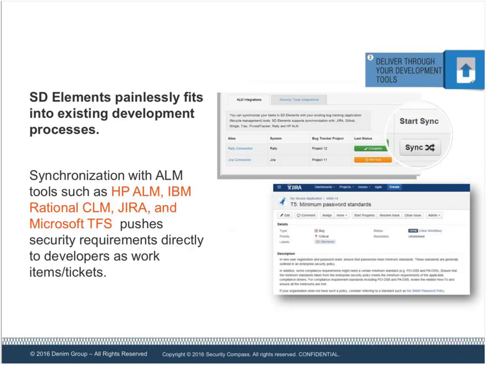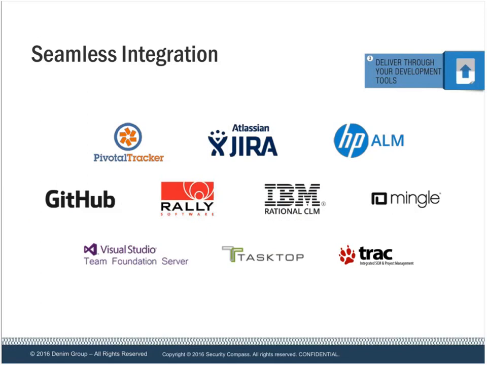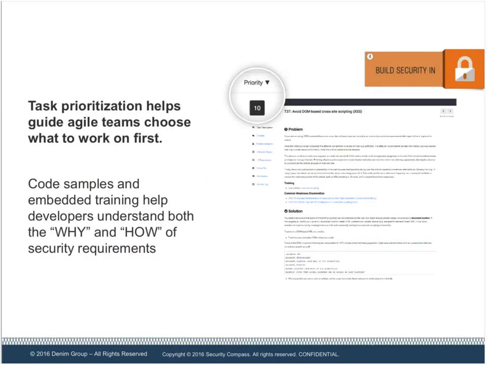We can push those requirements right into the development tools, and we have flexible field mapping where even the task content, the how-tos, which teach developers how to do it, can also be pushed into those ALM tools. And there's a visual of the integrations that we support on the ALM side.